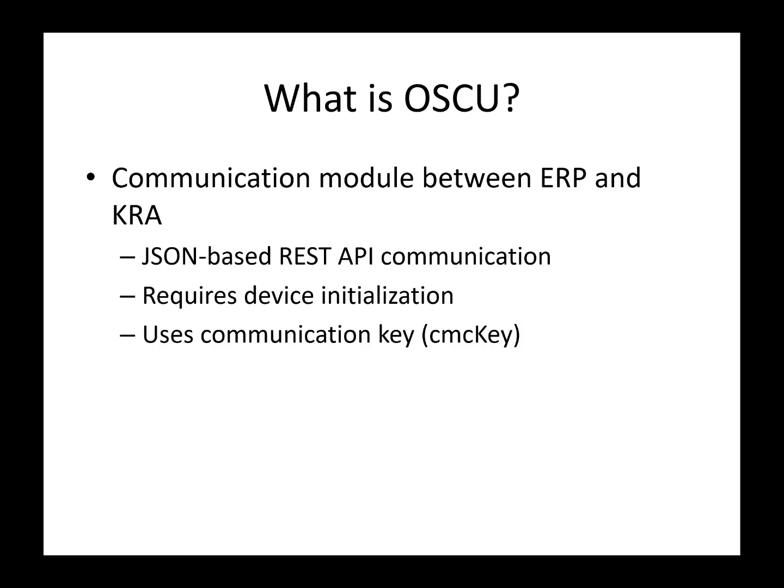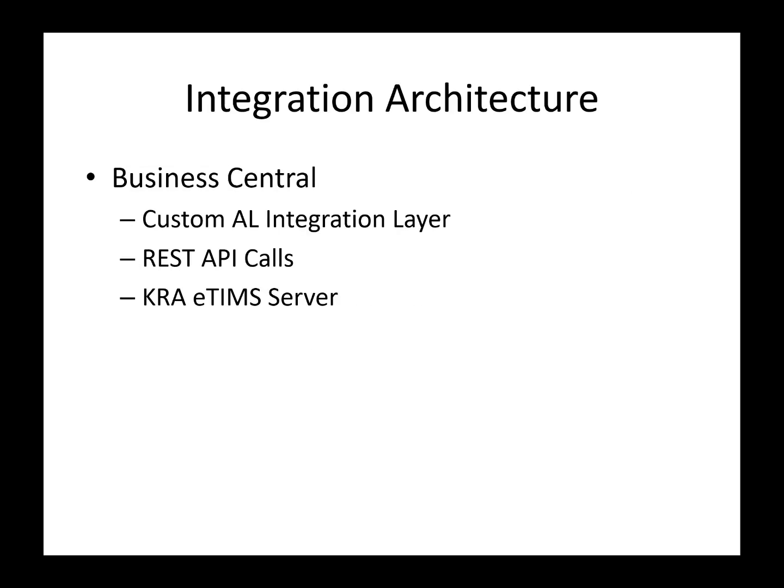In BC, we don't use Java libraries. We connect directly to the eTIMS REST API. We also have the integration architecture: Business Central, the custom integration layer, then the REST API calls, and then the KRA eTIMS server.